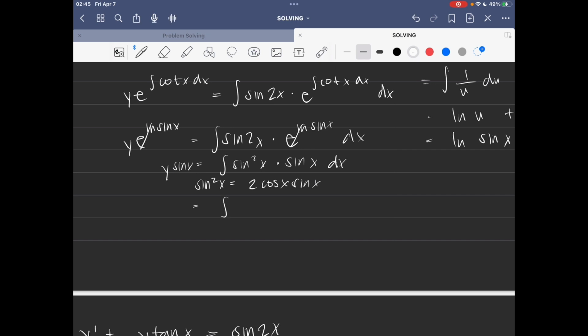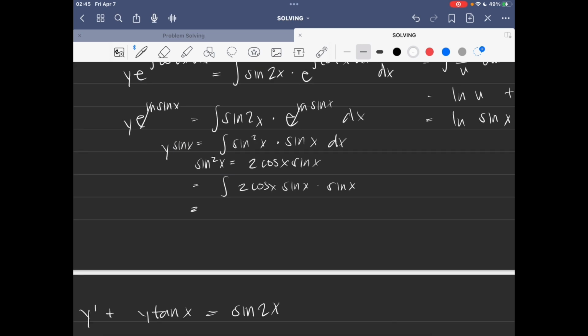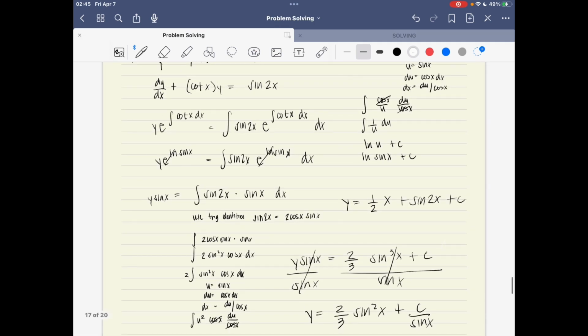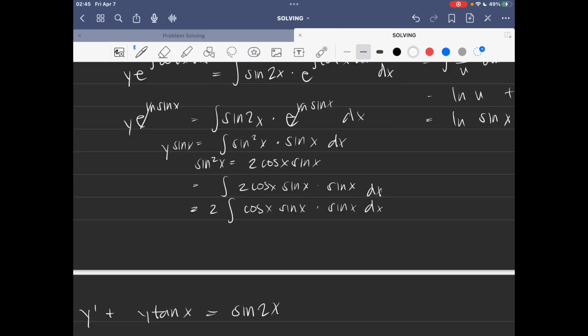So therefore we have 2 cos x sine x times sine x dx. Multiplying the sine x, we'll have 2 integral of sine squared x cos x dx.